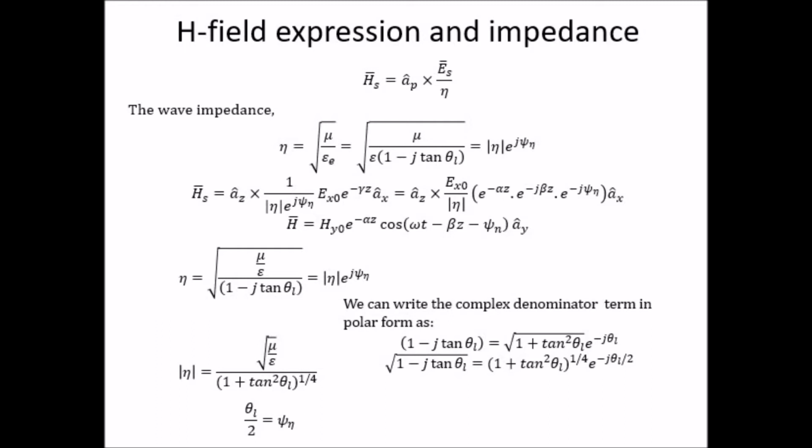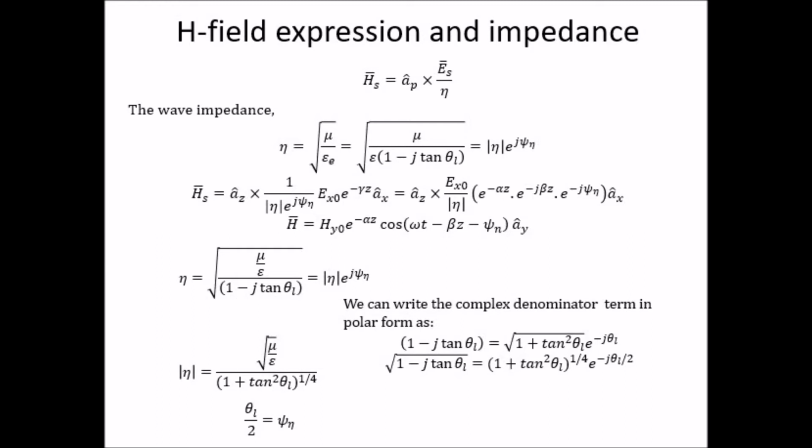So the magnetic field intensity is equal to the propagation direction a_z times 1 over the impedance, magnitude of eta times e to the power j psi_eta, and the E field is E_x0 e to the power minus gamma z a_x. Now we replace gamma with alpha plus j beta.